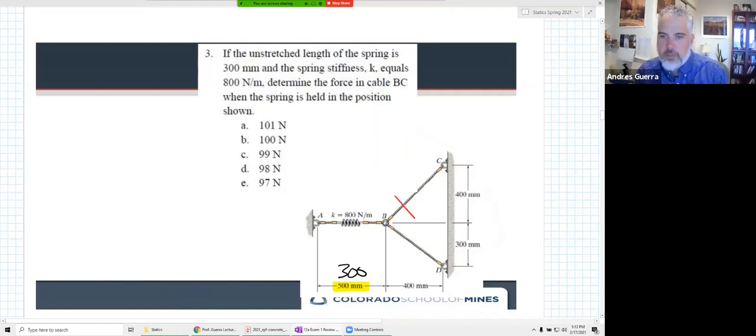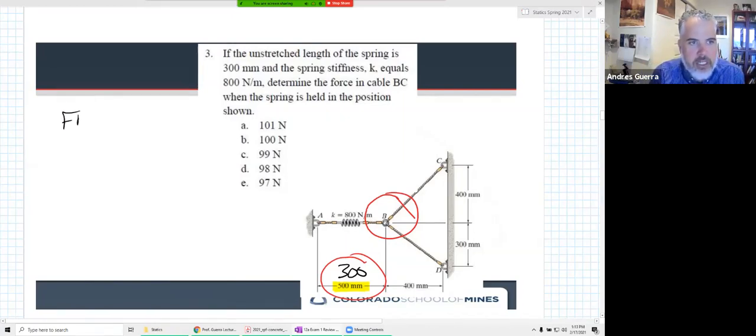So we definitely want to expose that. Basically that leaves us with one choice, right? An FBD at B includes the spring because we do have info about the spring. It includes what we're trying to find. And so our first step is still going to be an FBD at point B.